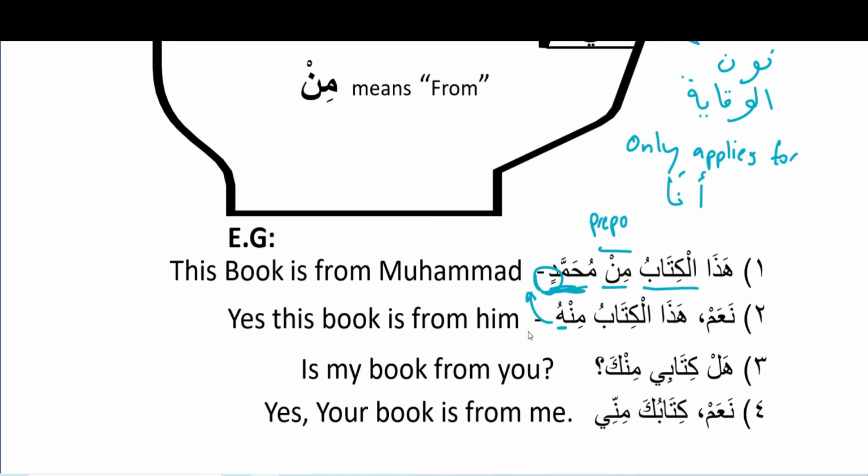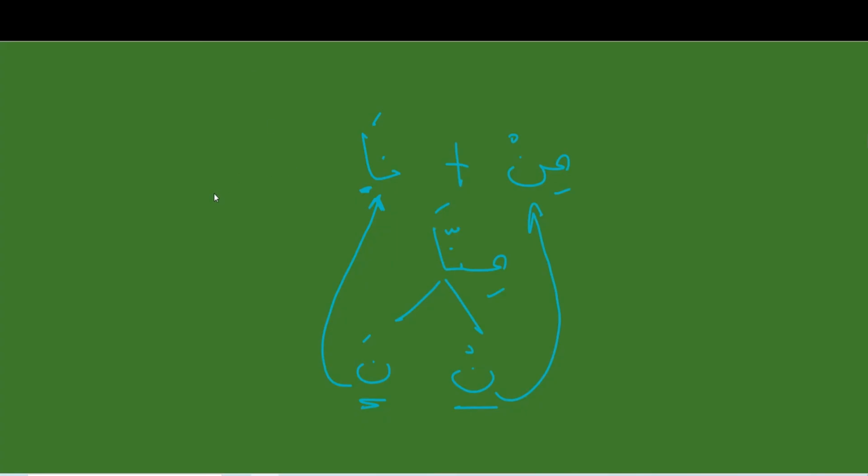For this case, because you want to use it alongside the preposition min, you have to use dhamir muttasil. You cannot use dhamir munfasil. You cannot say min huwa. It's very wrong, like we mentioned last week. You have to say min hu. That's the proper one. Min hu.